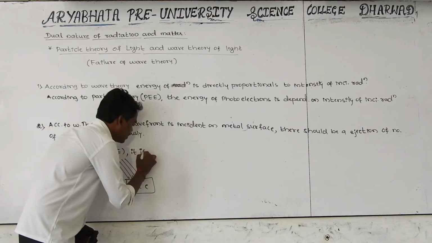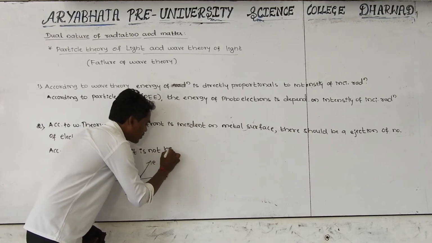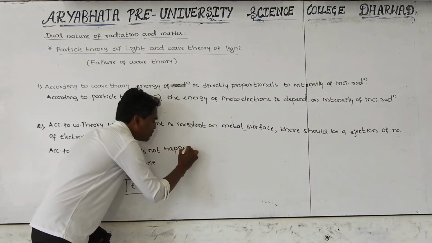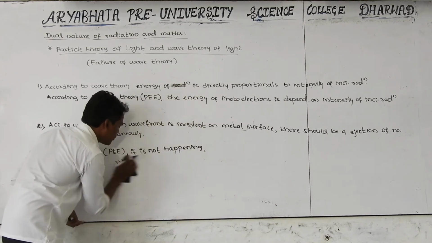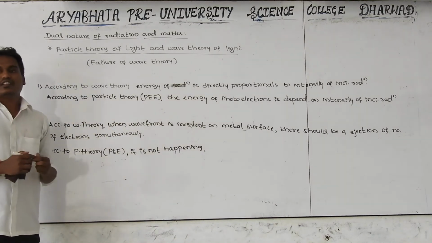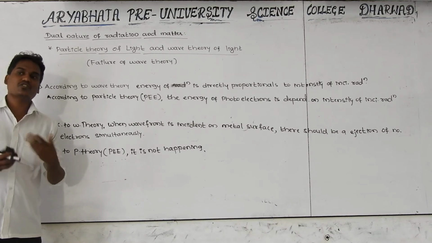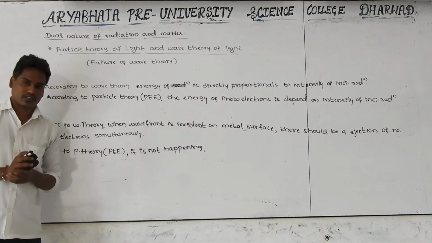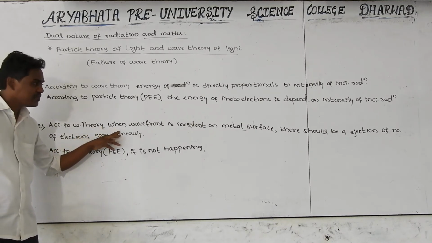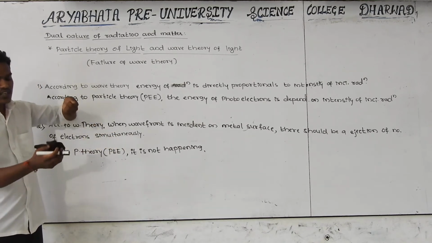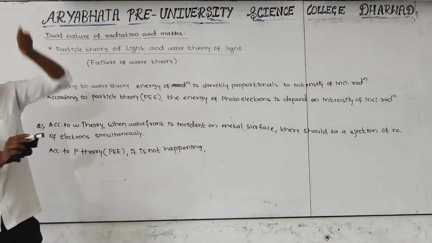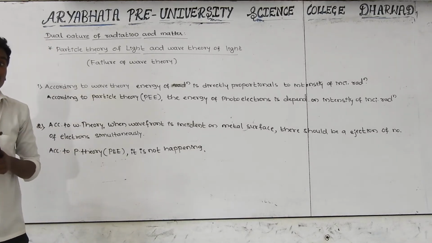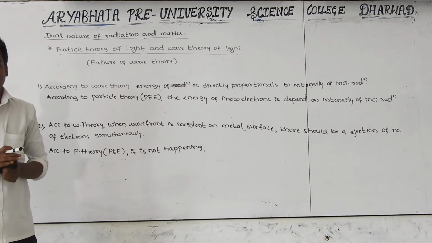It is not happening. Whatever explanation is given by the wave theory of light, that is not happening in the photoelectric effect. Wave theory says that when the wavefront hits the metal surface, suddenly there is an ejection of a number of electrons from the metal surface simultaneously.